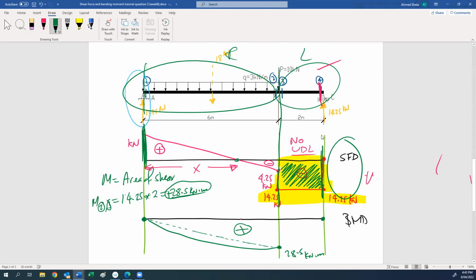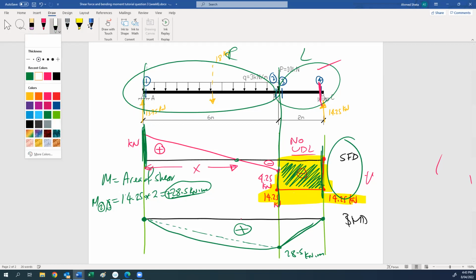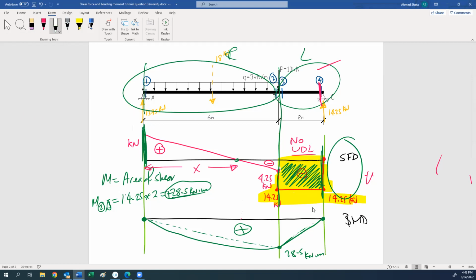From 3 to 4, we don't have any uniform load, so we connect with a straight line. So the moment in this part is a straight line.